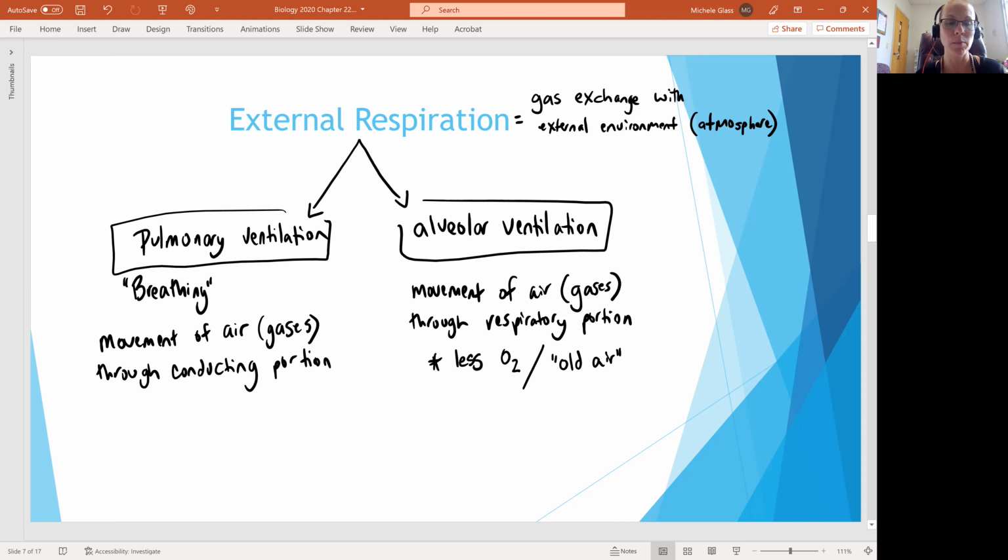So we'll see in both the conducting portion and to some extent in the respiratory portion, we are mixing with what we can talk about as sort of old air. What we'll see is we don't really have this ability to exhale all of the air out of our lungs.